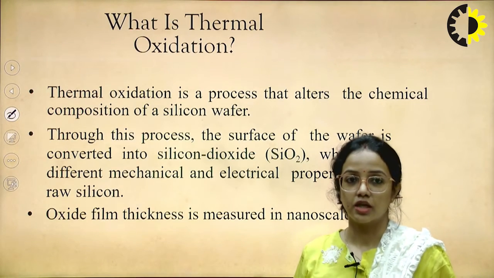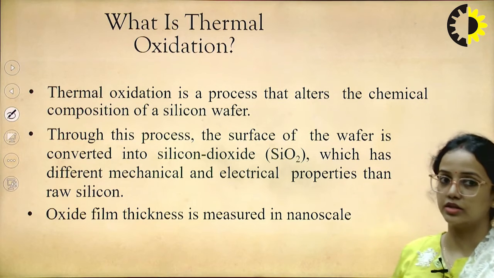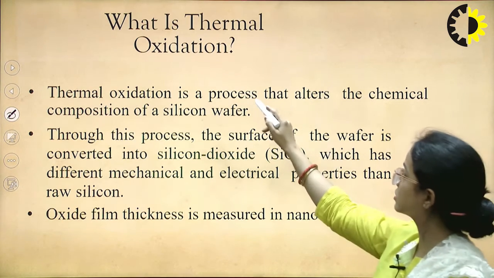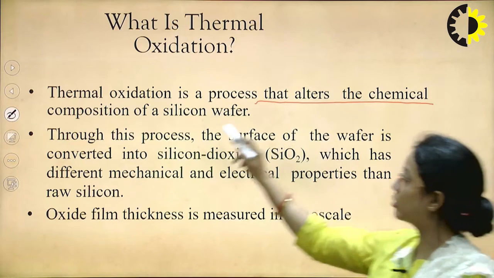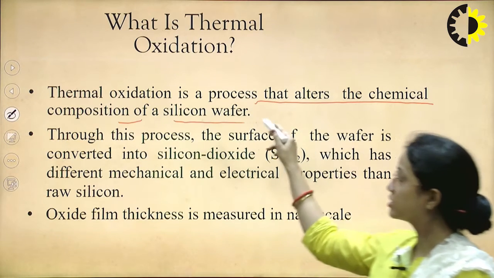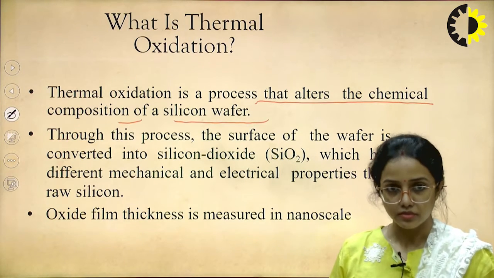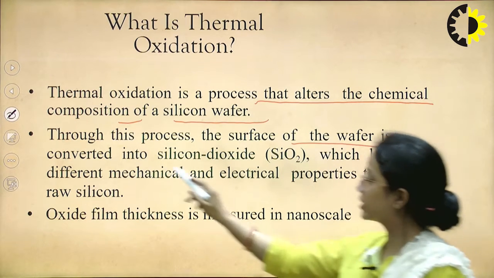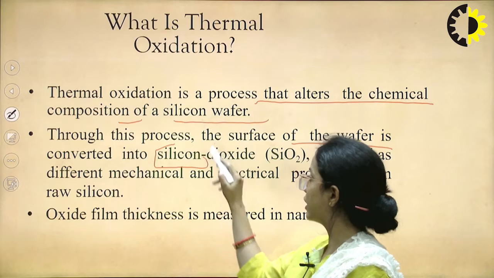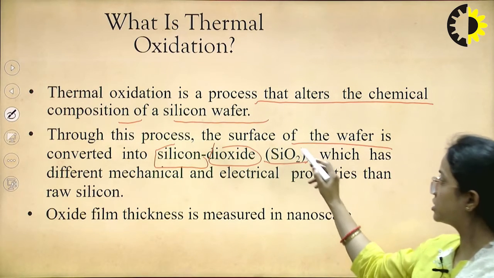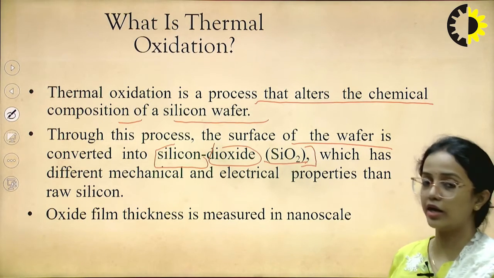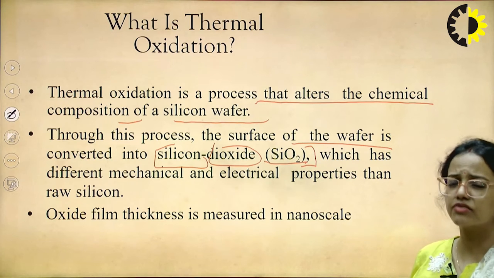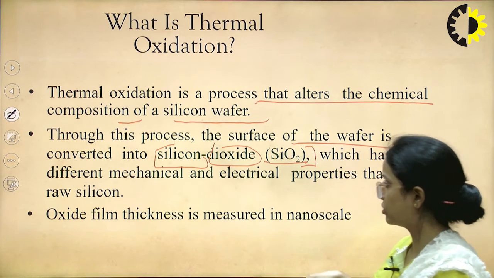Further, there is a term called thermal oxidation. Thermal oxidation is a process that alters the chemical composition of the silicon wafer. Through this process, the surface of the wafer gets converted into silicon dioxide. It means we are exposing the silicon to oxygen, which has different mechanical and electrical properties, of course.